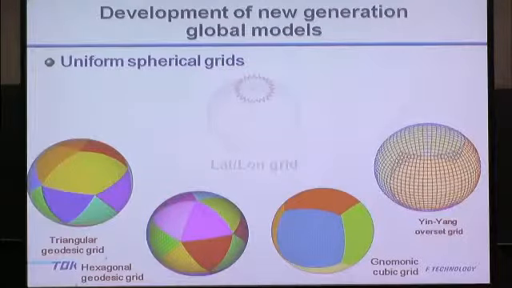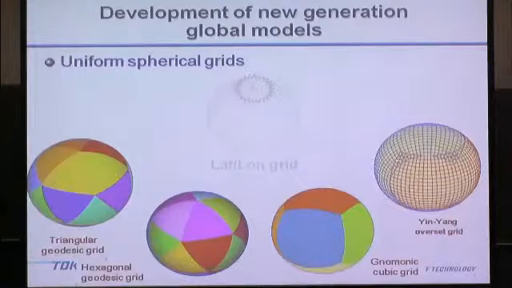For a global model, because of the latitude-longitude grid like this, we have some trouble like this. So recently, many people shifted to more unified spherical grids.